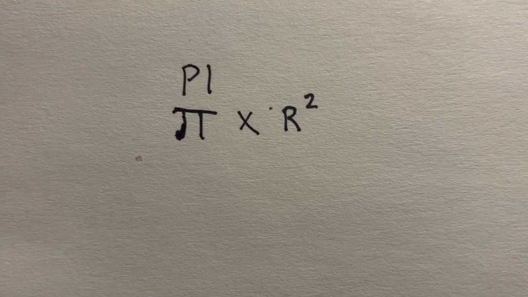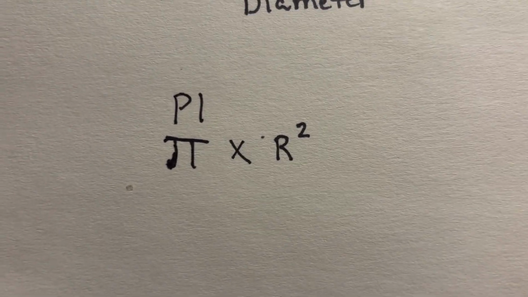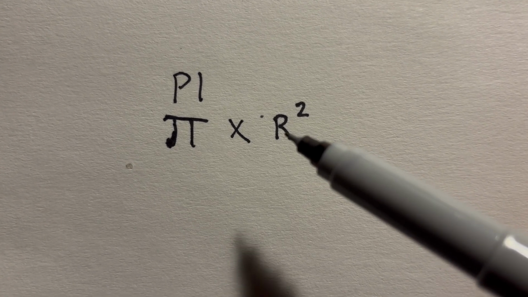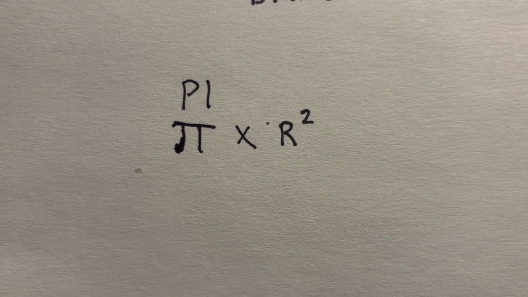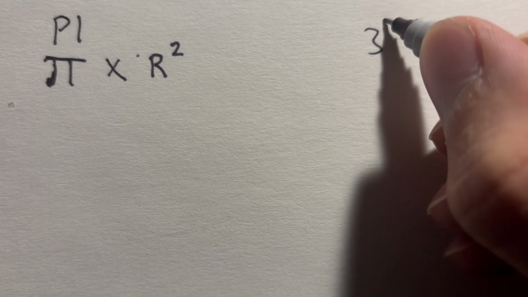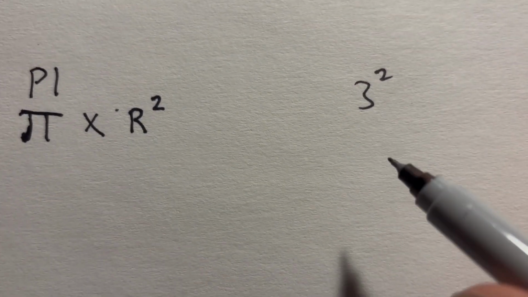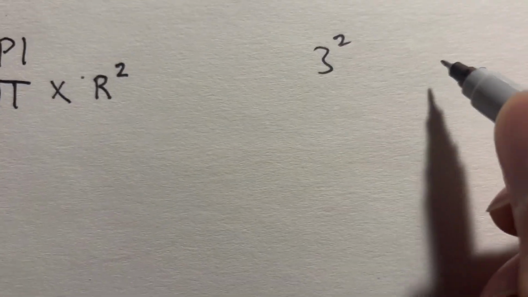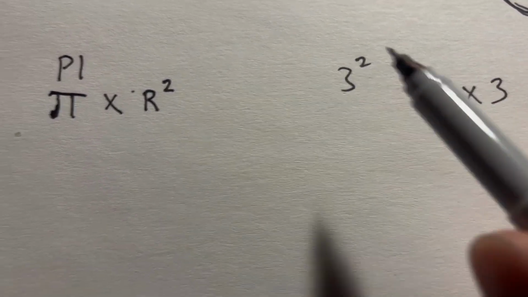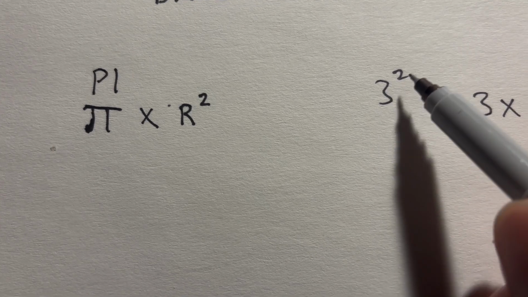In order to figure out the area of a circle, this is the formula. It's pi times the radius squared. Have you ever had anything squared, like 3 squared? That doesn't mean 3 times 2. It means 3 times 3. So it's 3 times itself twice.